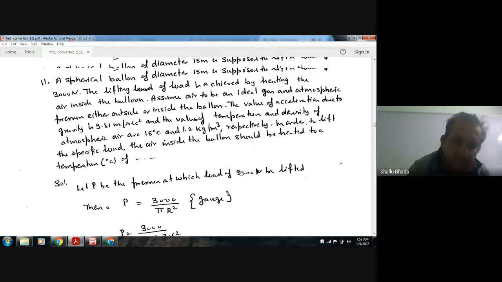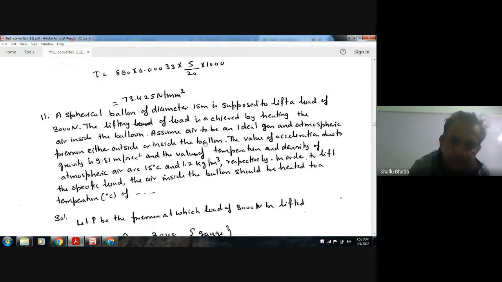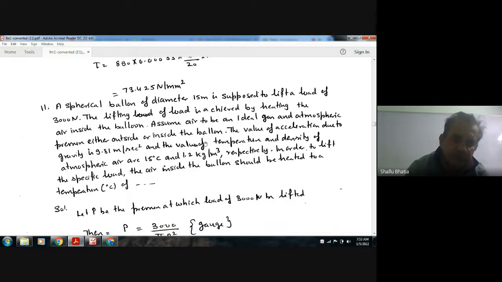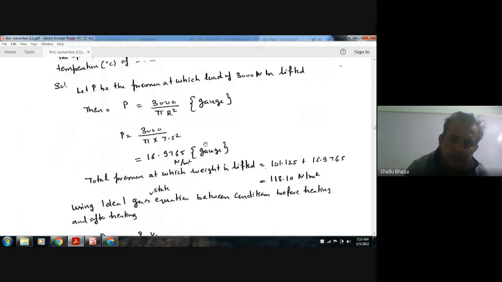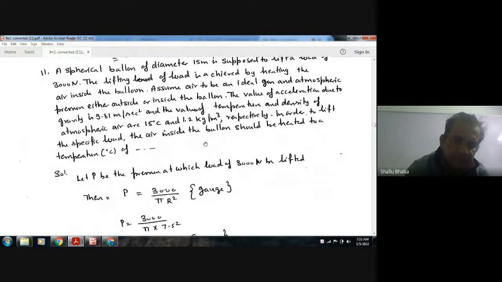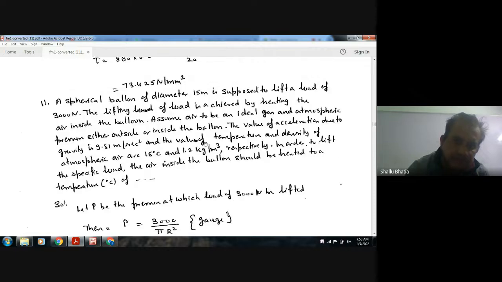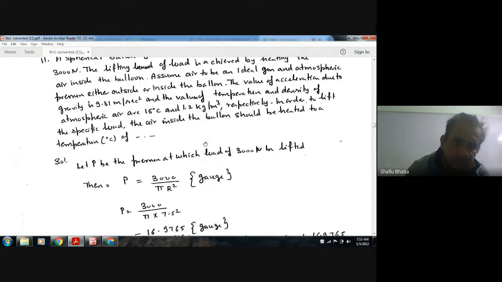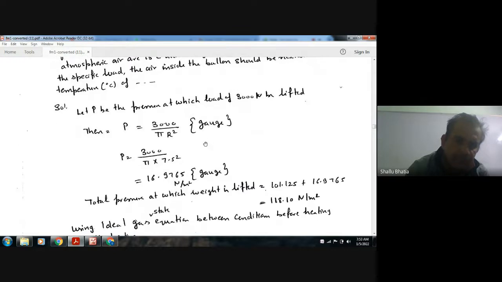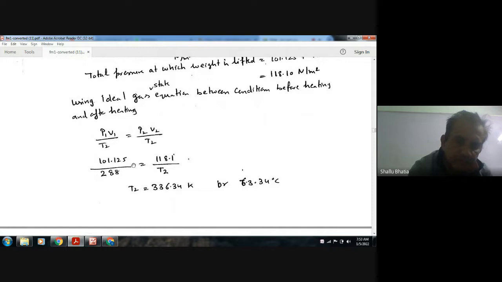The heating has been done, and no air has been added. The volume is constant. So the initial temperature is 15 degrees Celsius, the pressure is 101, and so the temperature is 288 K. The final pressure is 118, and the final temperature is T2.